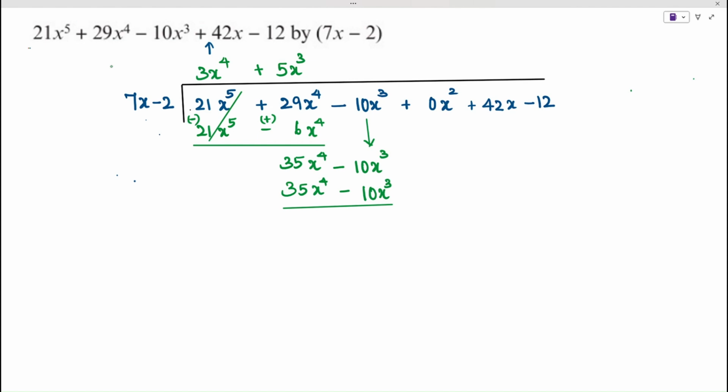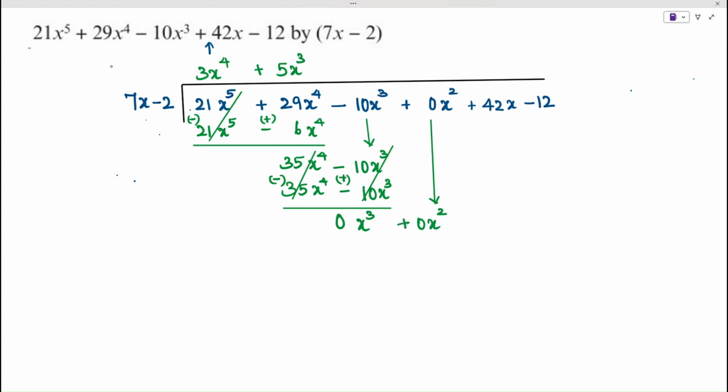Now, if we subtract our values, we can see that both of them cancel out, and we end up with 0. So 0x cubed. And we can bring down our next term, which we have as 0x squared.